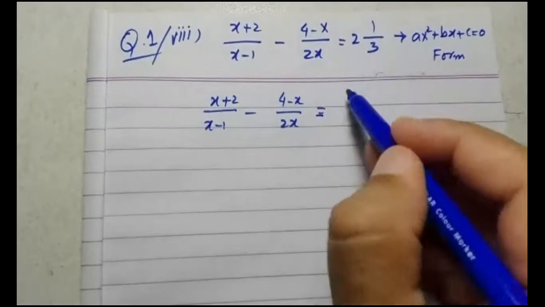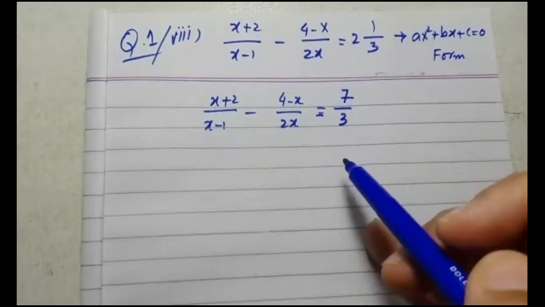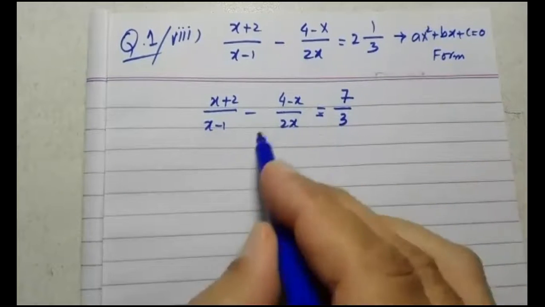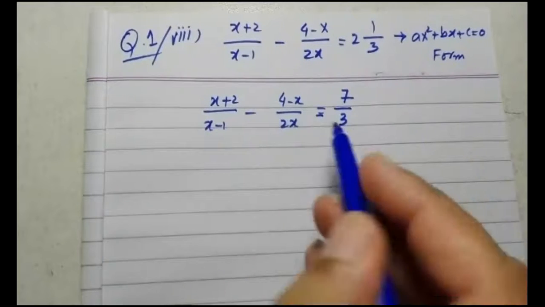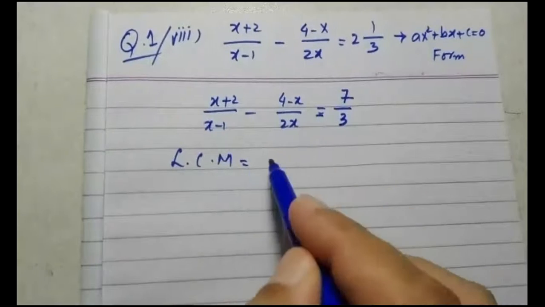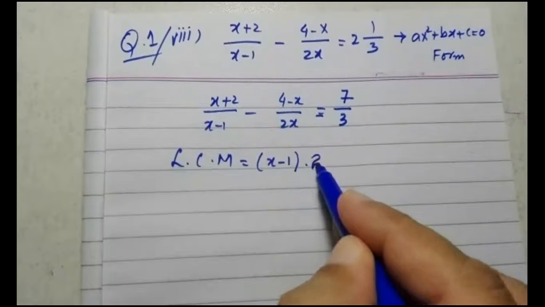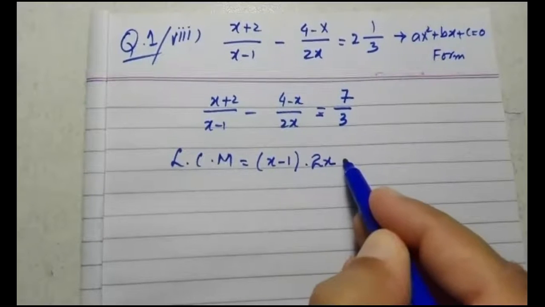2 times 3 is 6, and plus 1, that is 7 by 3. Convert this mixed number into fraction form, and then we will multiply each term by the LCM. So if you look at the denominators, what should be the LCM? x minus 1, 2x, and 3.